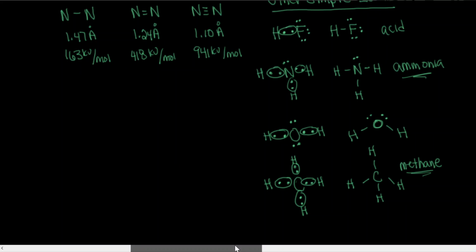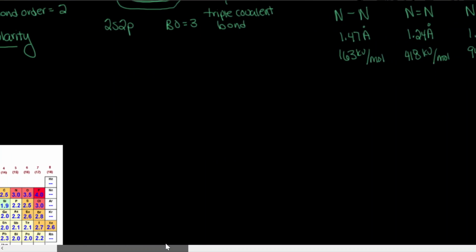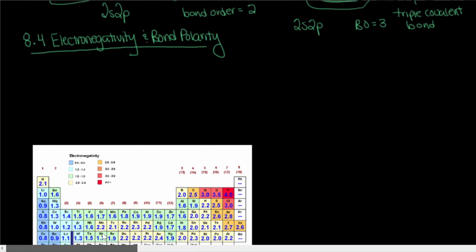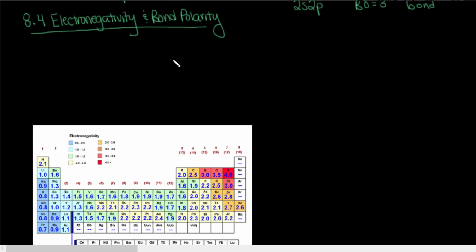Let's talk about it. So this, of course, is one of the trends on the periodic table that we didn't talk about in our last unit when we were talking about trends, because we wanted to look at it in the context of covalent bonding. So let's remind ourselves. Here we are in covalent bonding. Electronegativity, I abbreviate as love for electrons. It's like which atom loves the electrons the most.